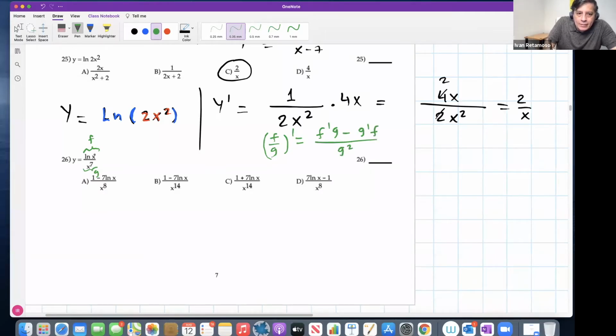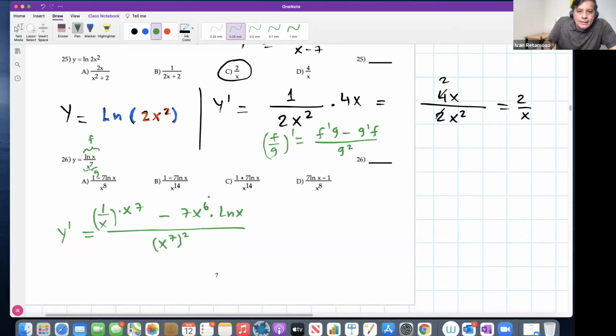So start with the derivative of the numerator, that is 1 over x. Multiply that by the other function, x to the 7, minus the derivative of g, the derivative of this guy, 7x to the 6 times the function f, natural log of x, all over x to the 7 squared, right?